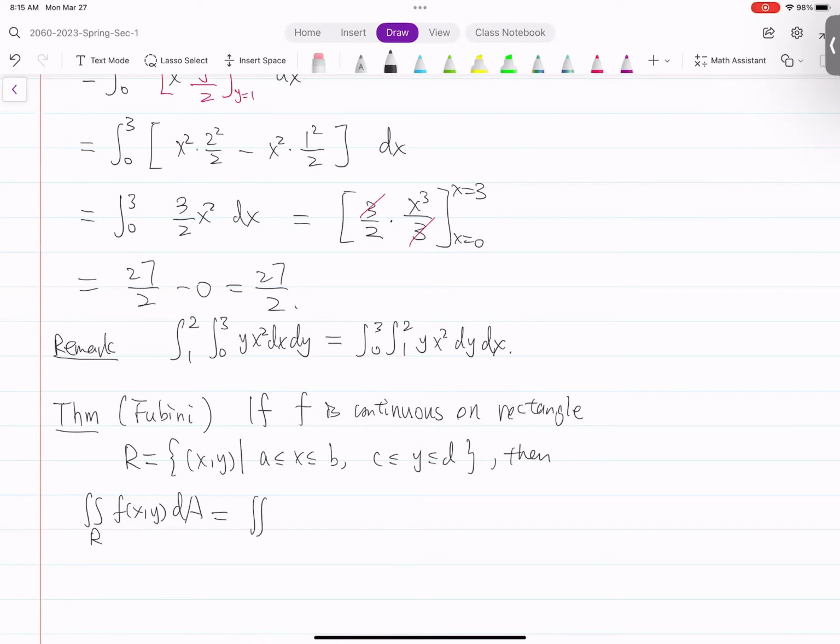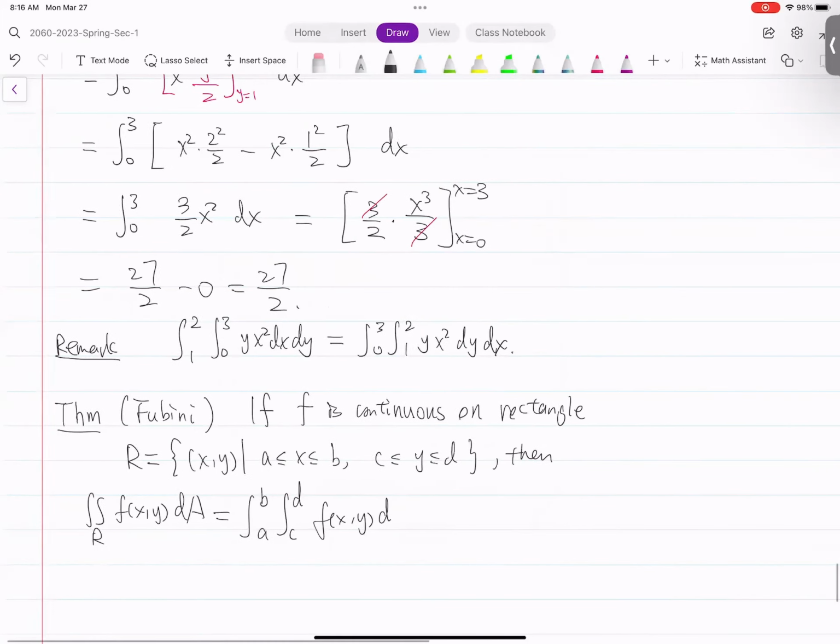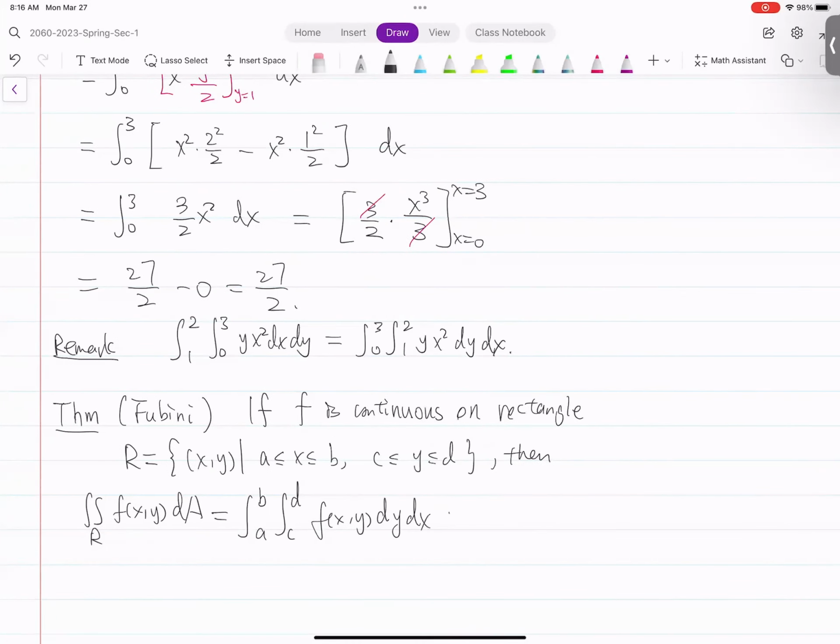So this integral can be written in the two ways, which is giving you the same final output. So you can either write it as dy dx, or in terms of dx dy.